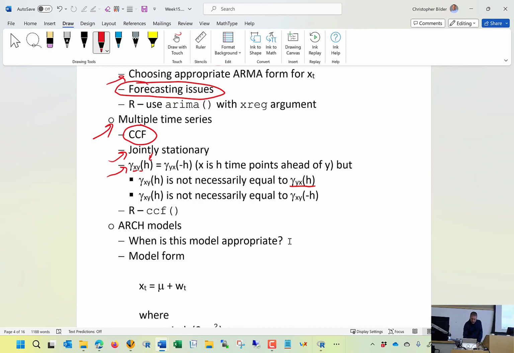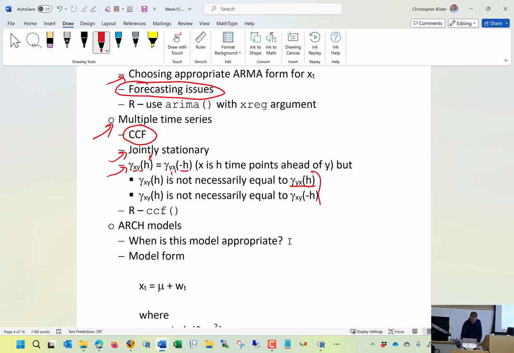This is equivalent to if I put y first, x second, and have a negative h lag time period. The key is lag. The key is that x is still h time points ahead. And you can write out the expression in terms of expected values to actually see that. This was part of a quiz question that you had, I think, last week.